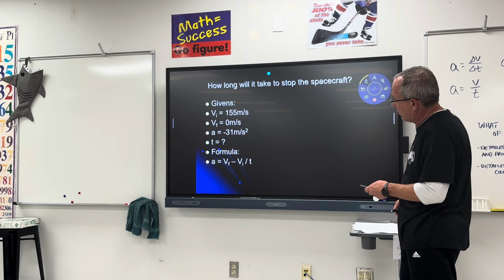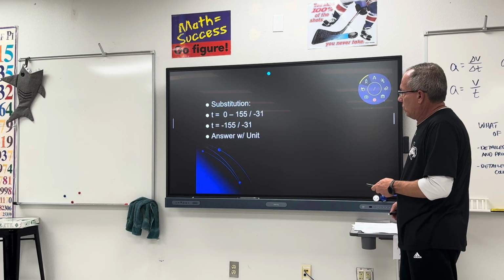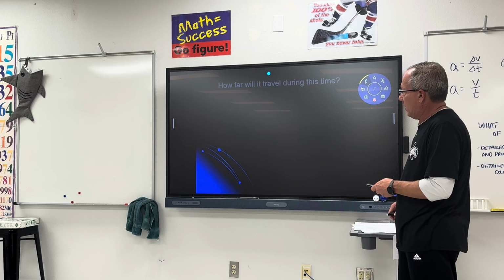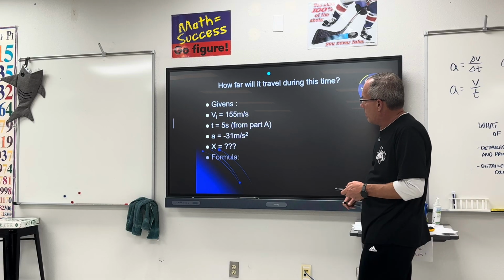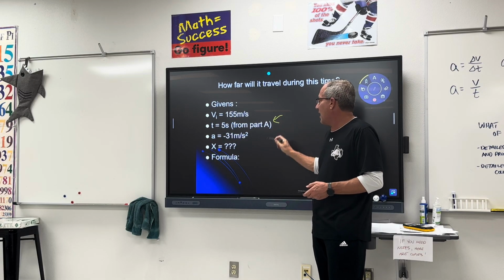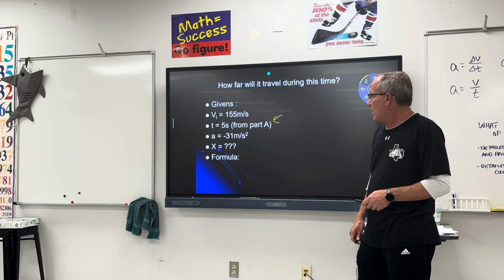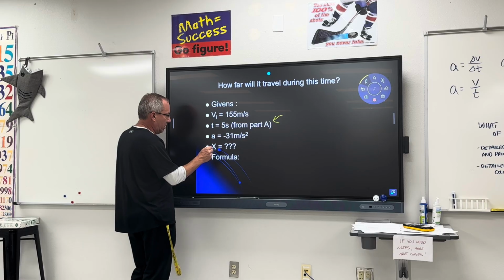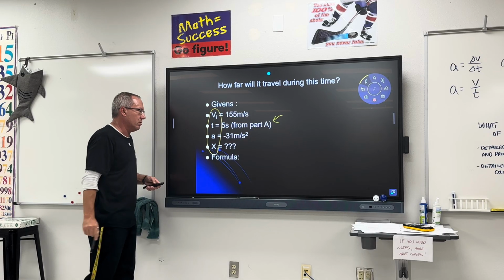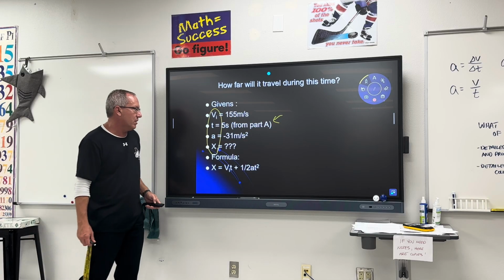Here's what I did in the first one, which is a no-brainer. Then this one, here is part B. Now the 5 seconds from part A becomes a given, doesn't it? So there's the givens. And then you ask yourself, which equation has displacement, acceleration, initial velocity? You're going to use displacement equals v_i t plus 1/2 a t squared.